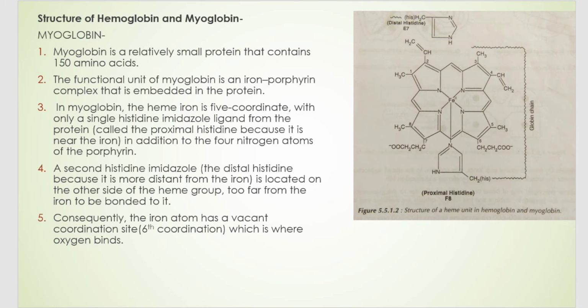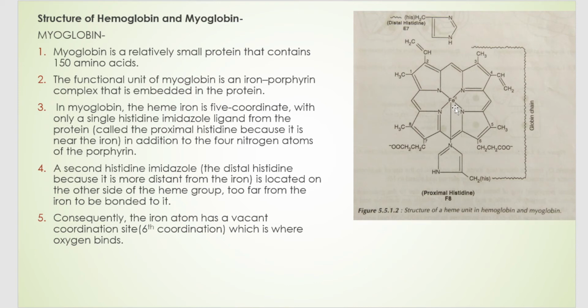So, what is the structure of myoglobin that we studied? It has a non-protein part that is called the heme unit. That is this part. And then it has a protein part which consists of the proximal histidine, the globin chain, and the distal histidine. And then there is a central atom, that is a transition metal, which is iron.